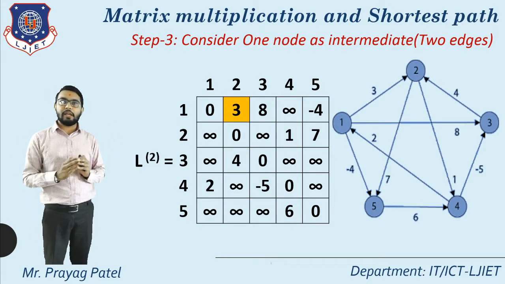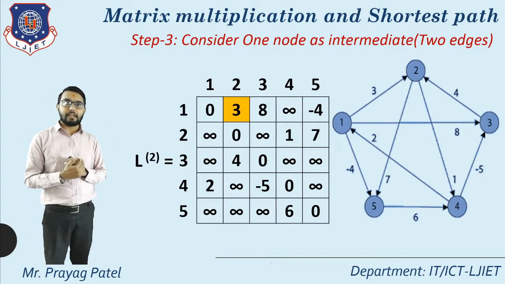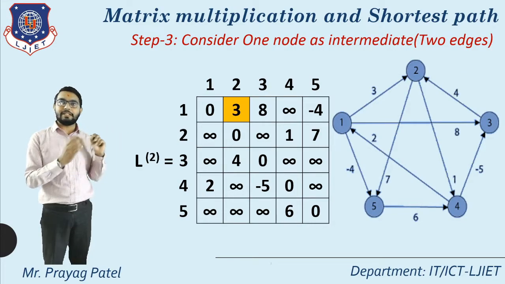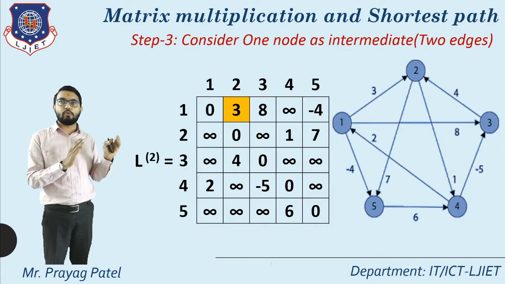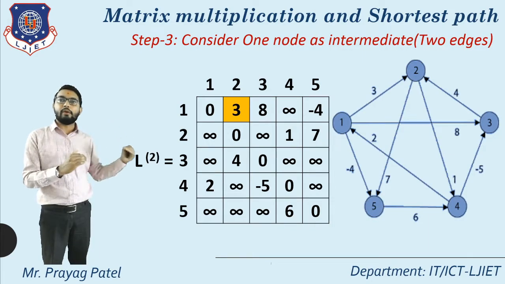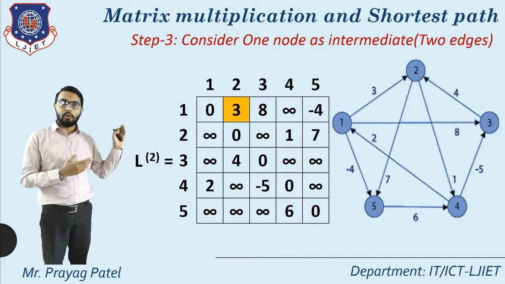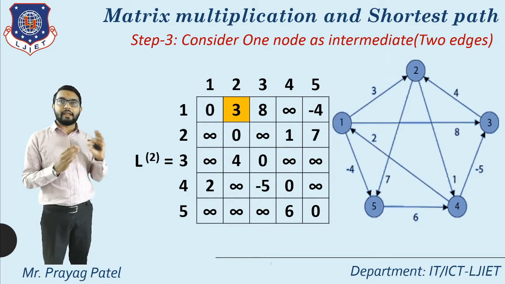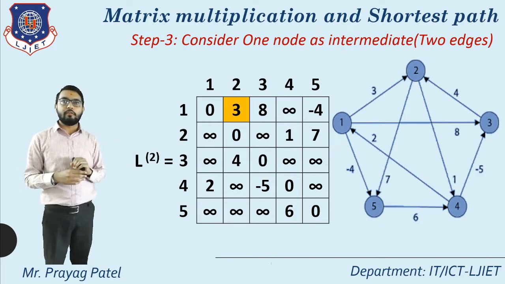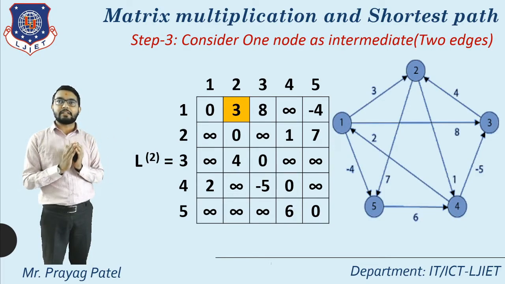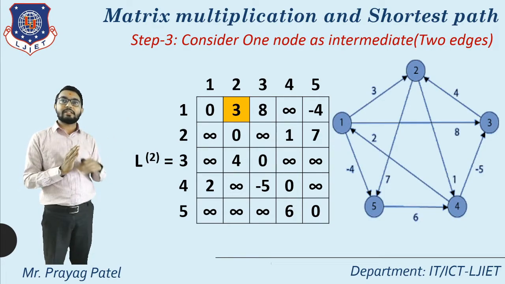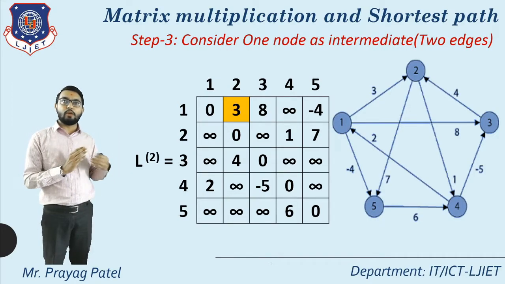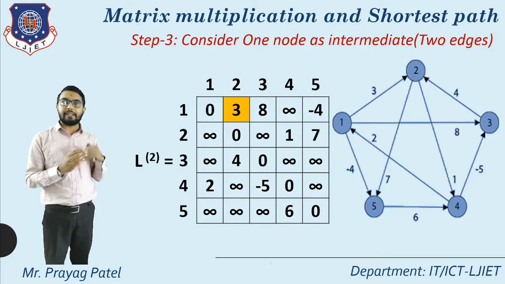So consider the next step. Consider step number 3, consider one node as intermediate node, meaning two edges. So here consider each and every location from 1 to 2, 1 to 3, 1 to 4 up to 5 to 5. Now consider first location 1 to 2. Here 1 to 2 already given data equal to 3, old value equal to 3, meaning direct distance equal to 3. Now consider the next, here according to one node as an intermediate, any path is possible.